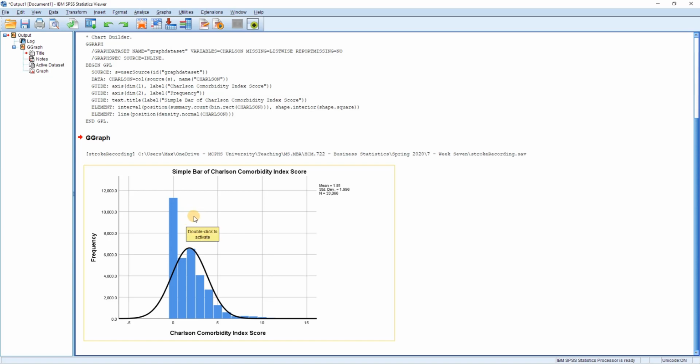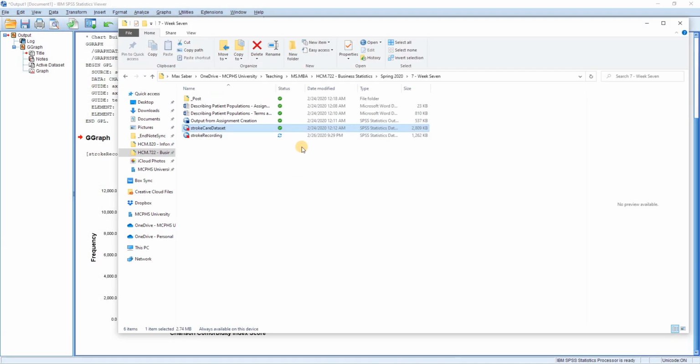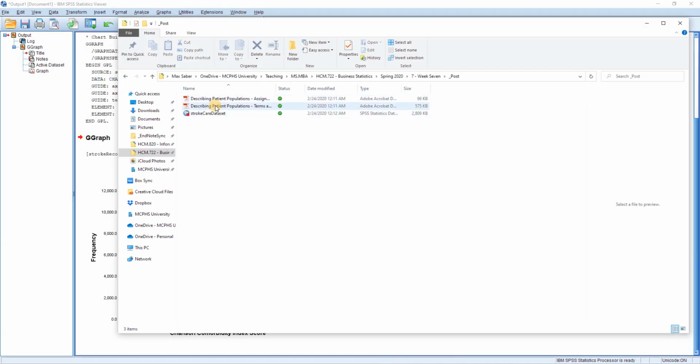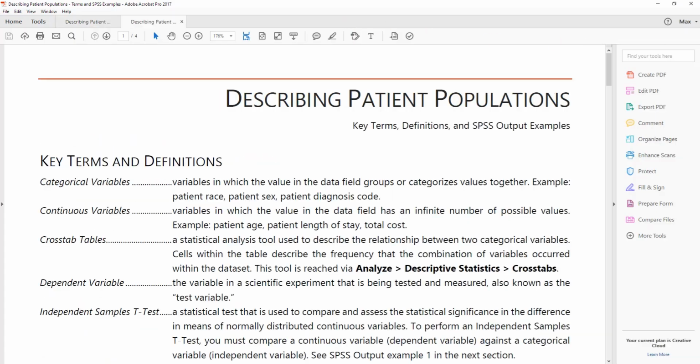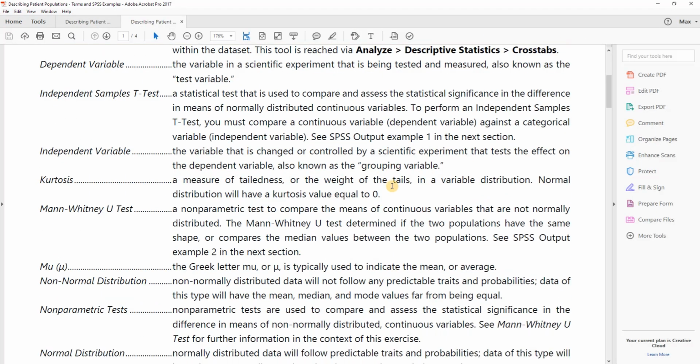And the second way to determine normalcy is using something called skewness and kurtosis. Skewness and kurtosis are two different values that you can use. The first one, kurtosis, is a measure of the tailedness, or the weight of the tails.